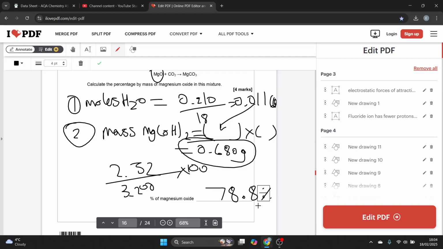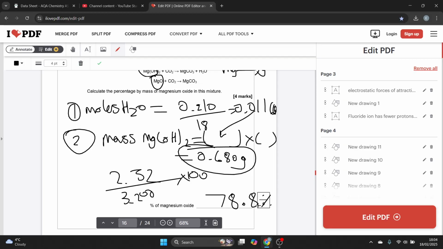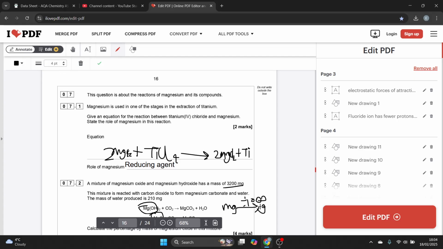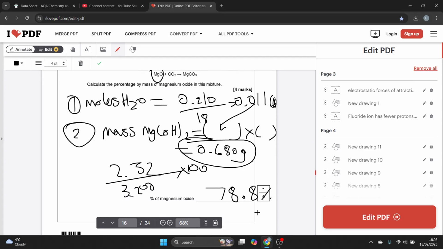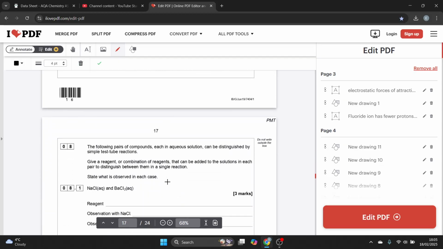Allow 78.7 to 78.8. So the moles of water, then you can work out the mass of magnesium hydroxide, then the mass of magnesium oxide, and then substitute that in to get your percentage.